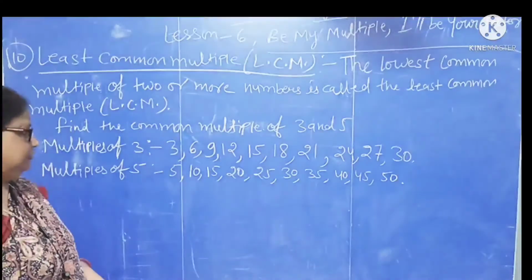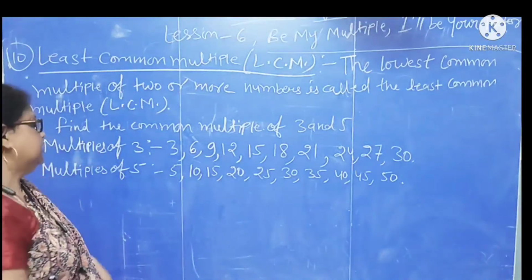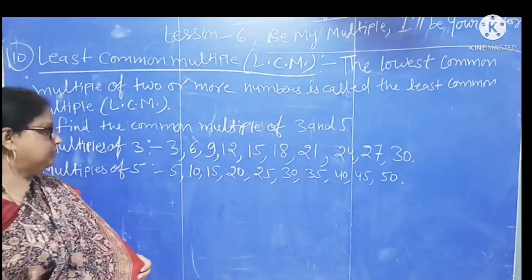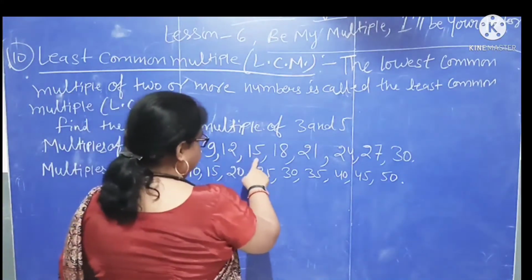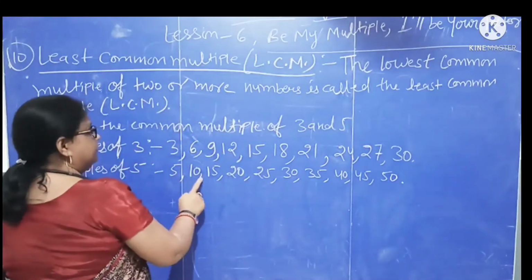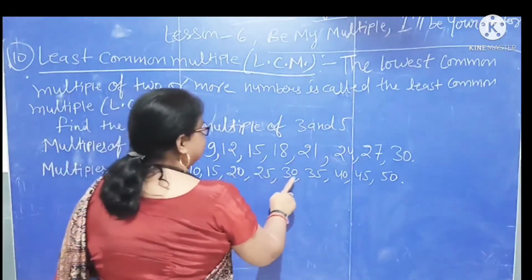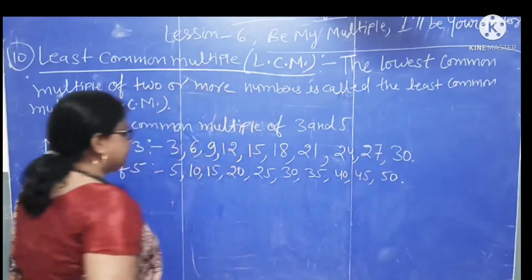So now we have to find the least common multiple of 3 and 5. So let's find. Here is 3, 6, 9, 12, 15, 18, 21, 24, 27 and 30. And here is 5, 10, 15, 20, 25, 30, 35, 40, 45 and 50.